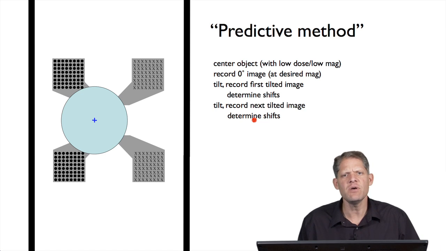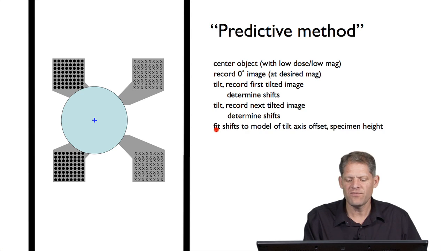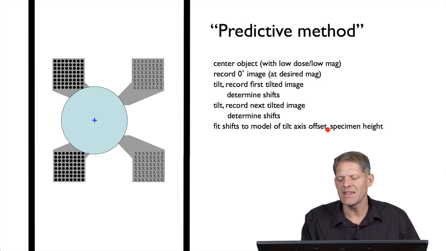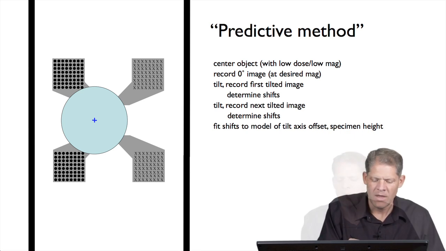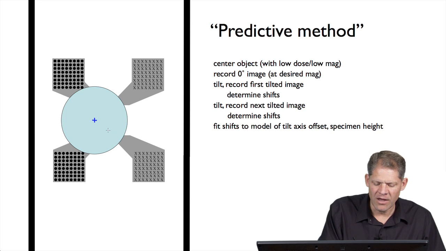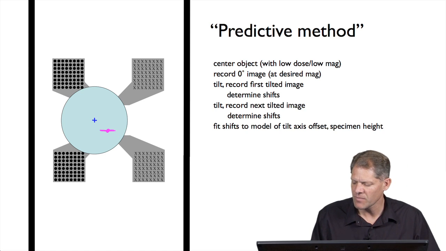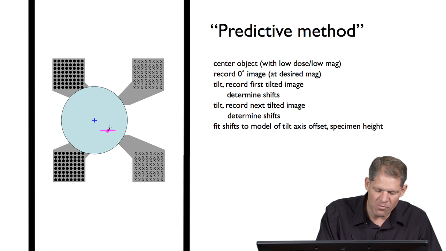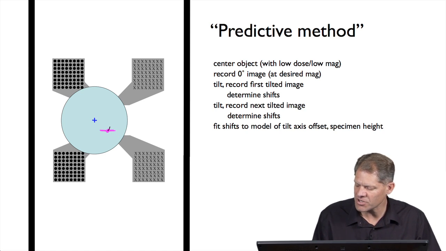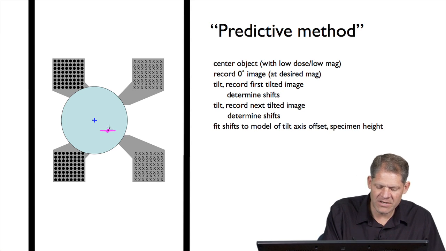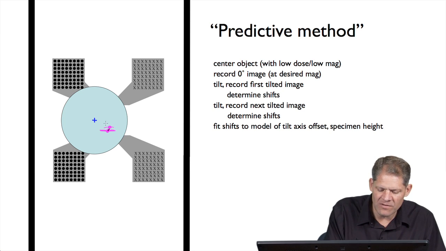And once you have a few images recorded, you can then fit these shifts to a model of the tilt axis offset and the specimen height. In other words, the non-eucentricity there. And what this means is that you simply acknowledge that your sample isn't going to be exactly along the tilt axis. And so as you begin to tilt it in one direction, you expect to see the sample moving slightly.